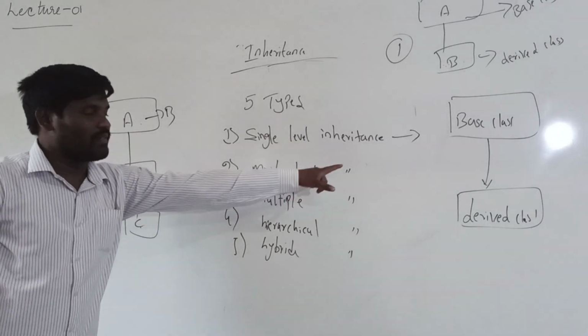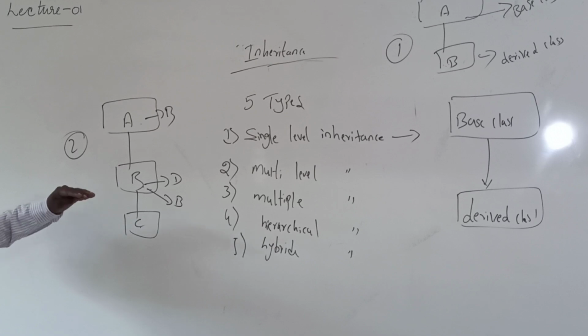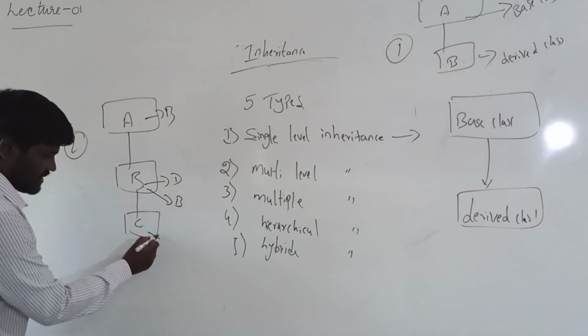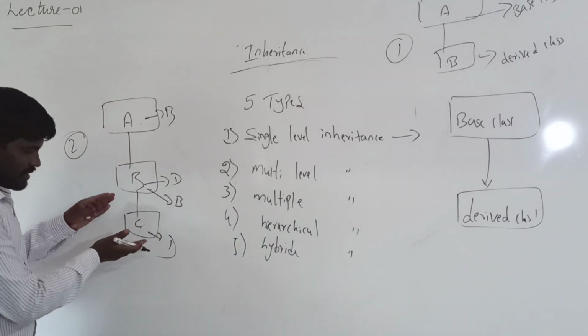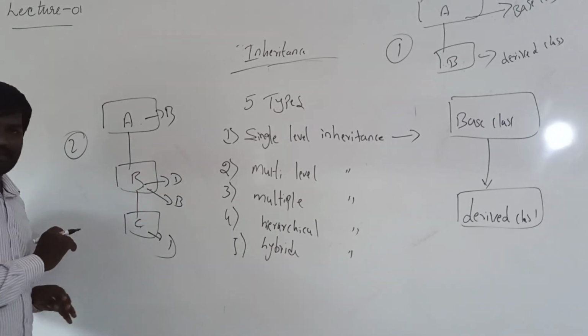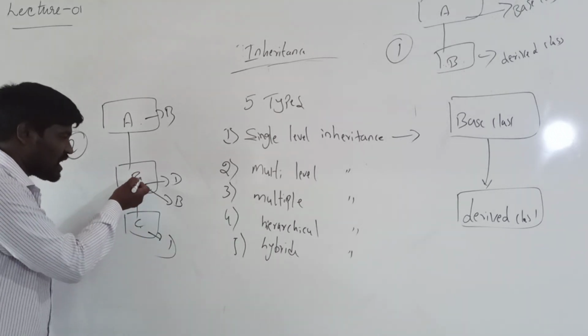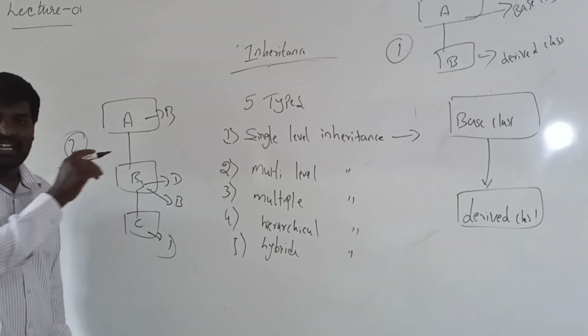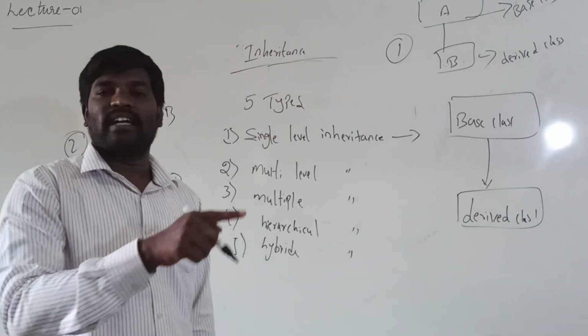Multi-level inheritance means a class is derived from another derived class. Here C is purely the derived class. B is already derived, and with the help of this derived class, again we derive another class.